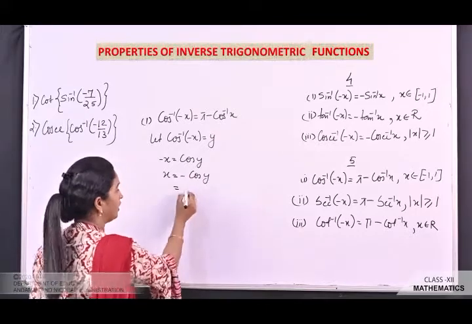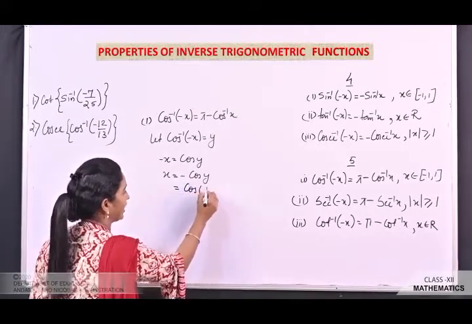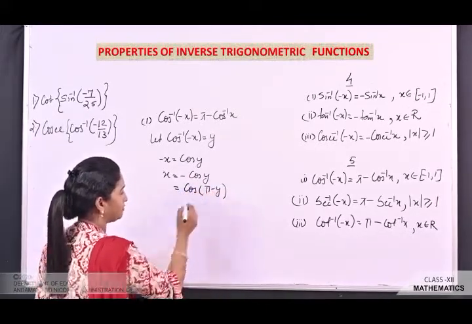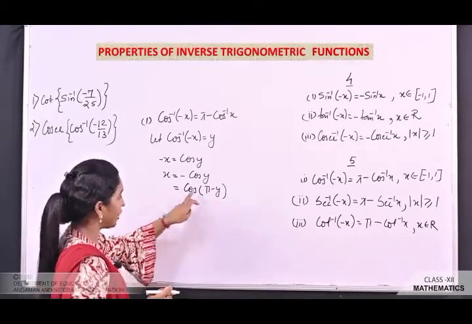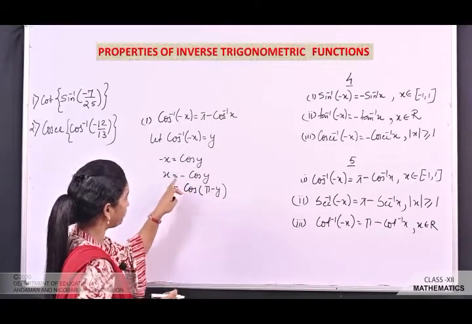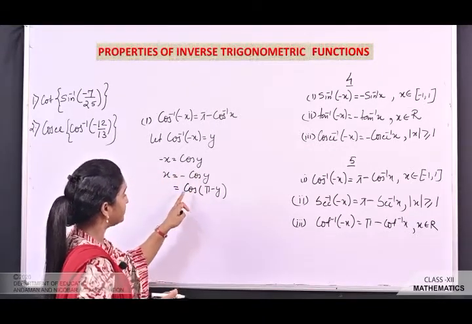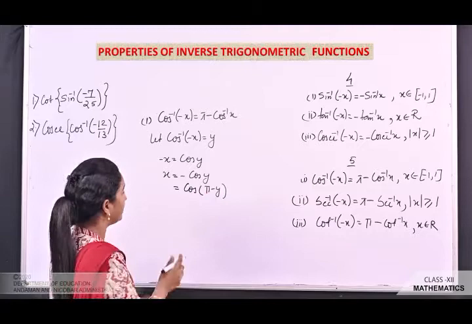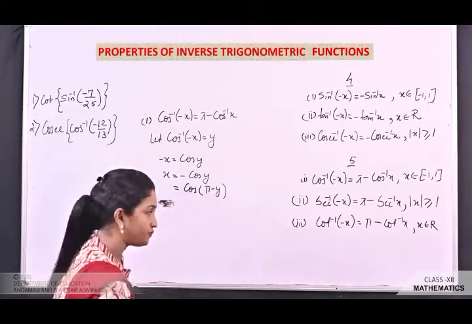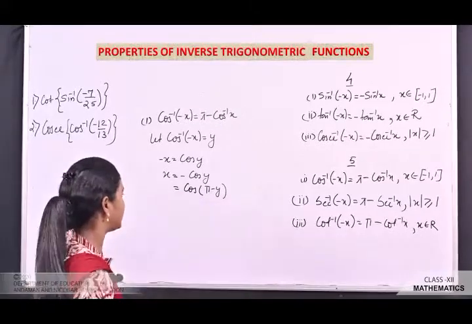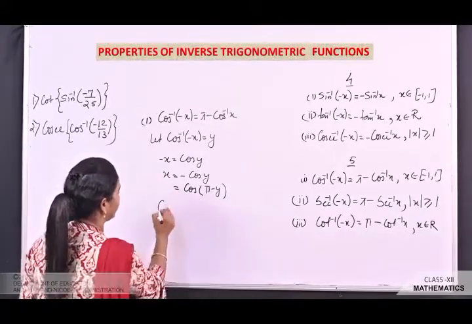So what can we do? I can write it as pi minus y, because in the second quadrant cos is negative. So I can write this whole function, minus cos y, as cos of pi minus y. So you're going to get x is equal to cos of pi minus y. You can simply say that if you take cos to this side, what does it become?